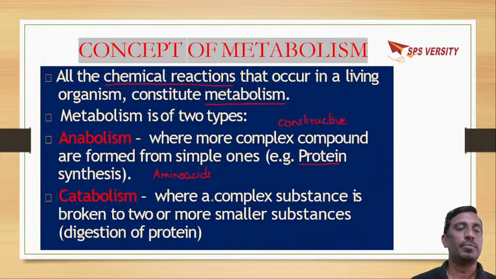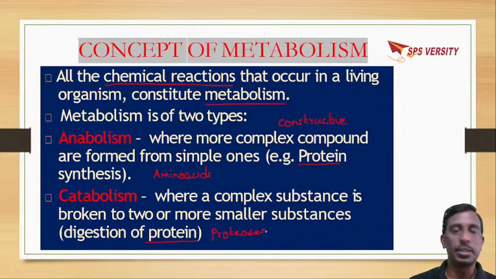Catabolism is quite opposite to anabolism, where complex substances are broken into smaller substances. Like, for example, if we take digestion of protein. When protein is digested with the help of proteases, the enzymes which digest proteins, they are called proteases.